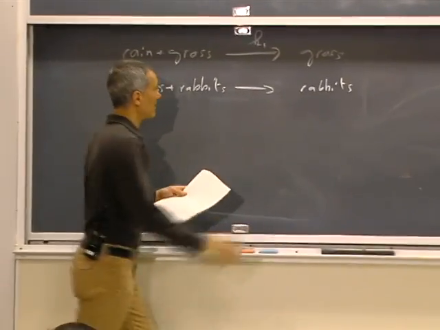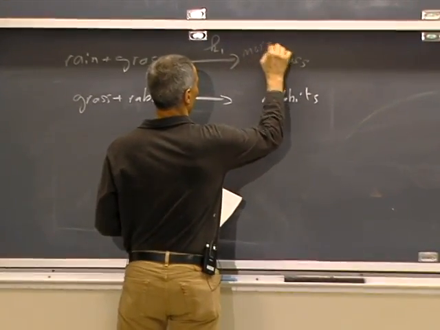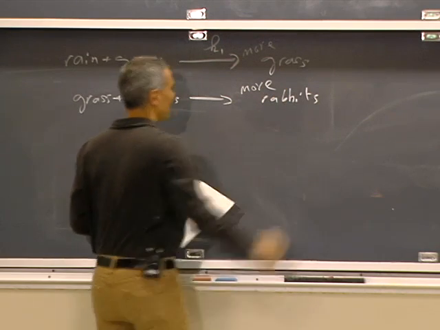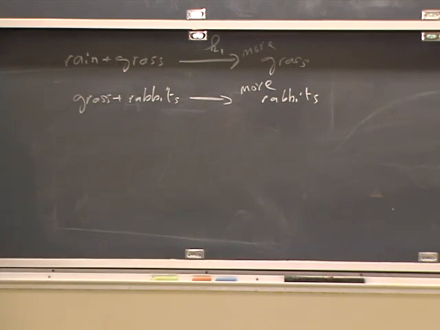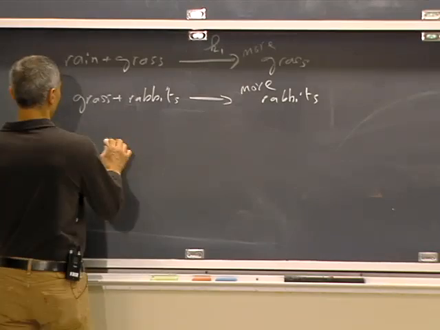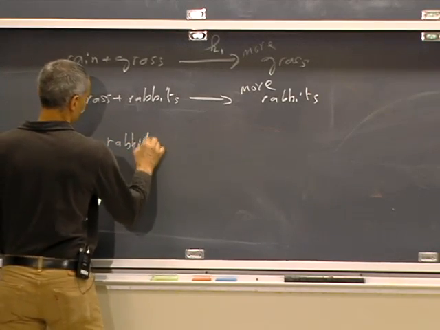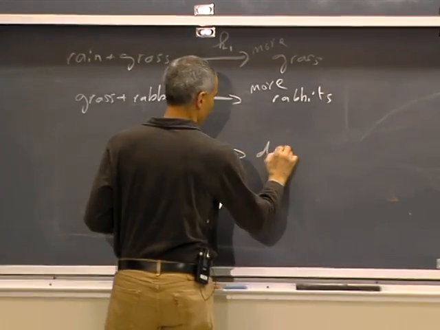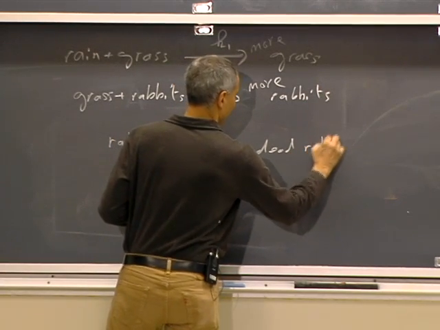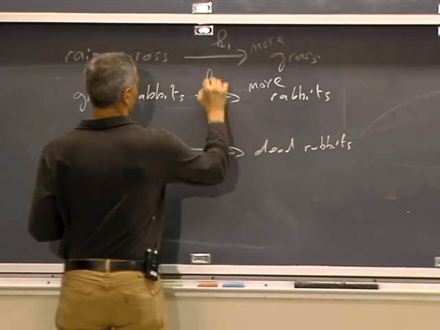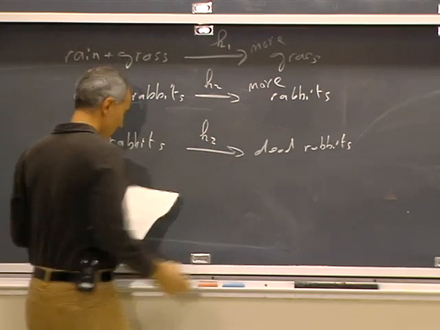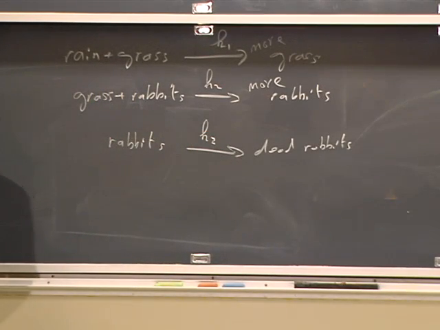Also autocatalytic. Then we have rabbits. Eventually, unfortunately, rabbits become dead rabbits. Right, K2, K3. And that's the termination of the process.